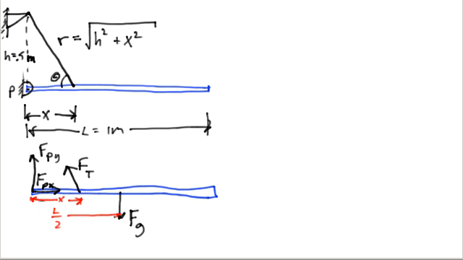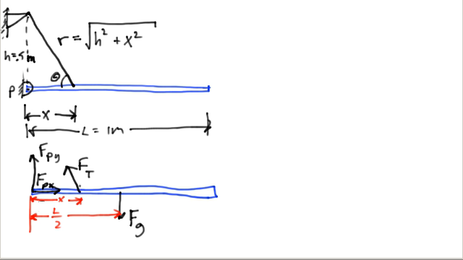So I changed my mind on the name of, I'll call it a variable, even though it's a constant, the length of the string. I was calling it L, but I'm going to call it R, and then the length of the stick I'm going to call L, which is 1 meter.